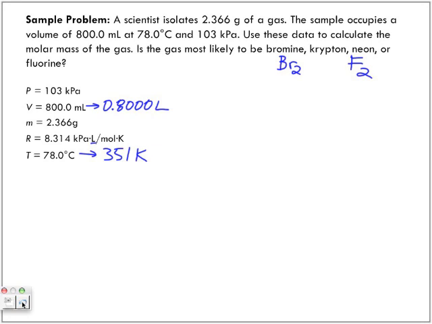Okay. So we've got the equation PV is equal to nRT. So what are we trying to find? N, right? The number of moles. So we want to isolate for N because once we find N, we've got the mass, right? What are we going to do between the mass and N?